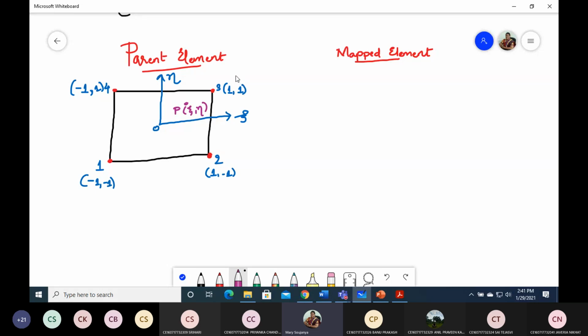We will try to relate this parent element to the mapping. We will map this to a quadrilateral element, considering that as an isoparametric element. In the global Cartesian system, let us take the axes as x, y and the quadrilateral structure.